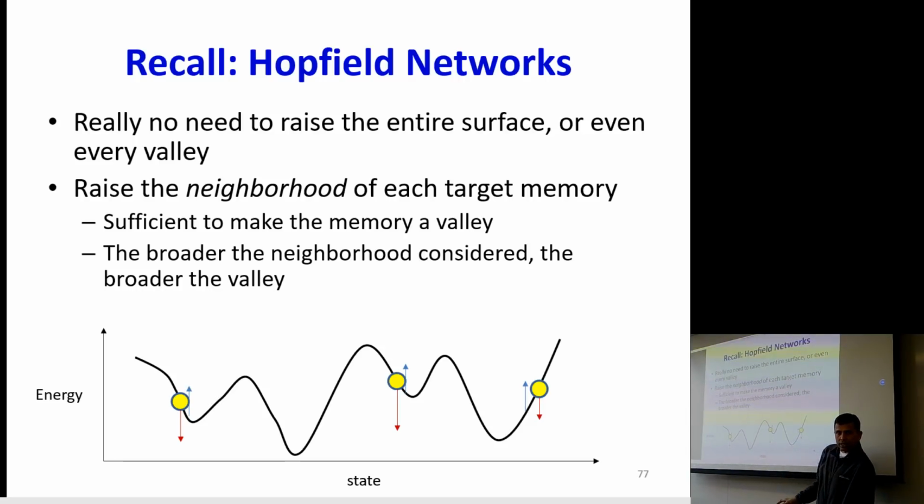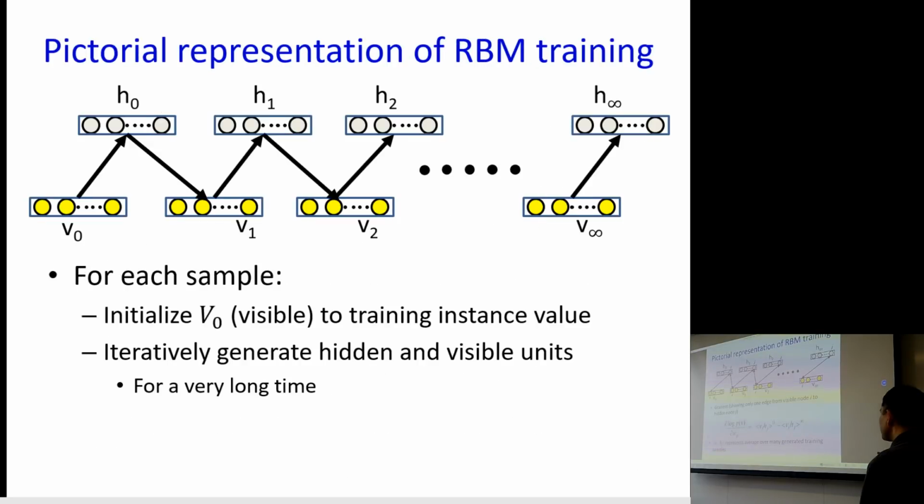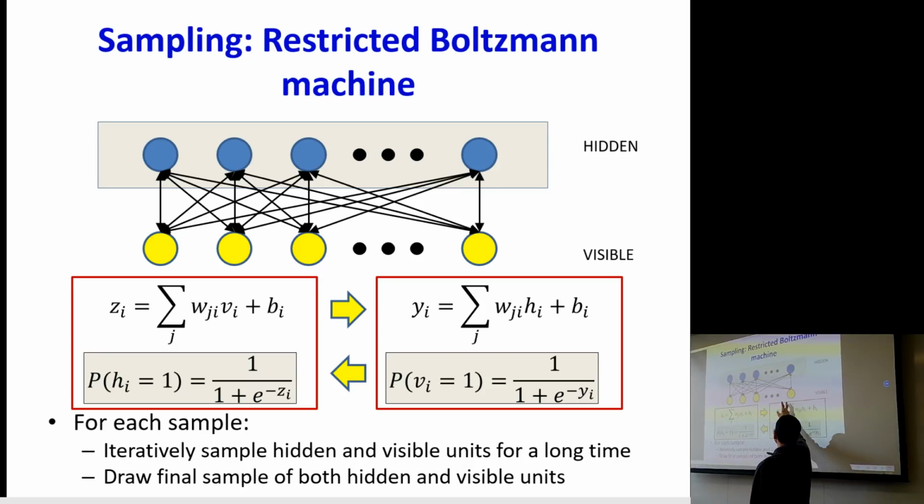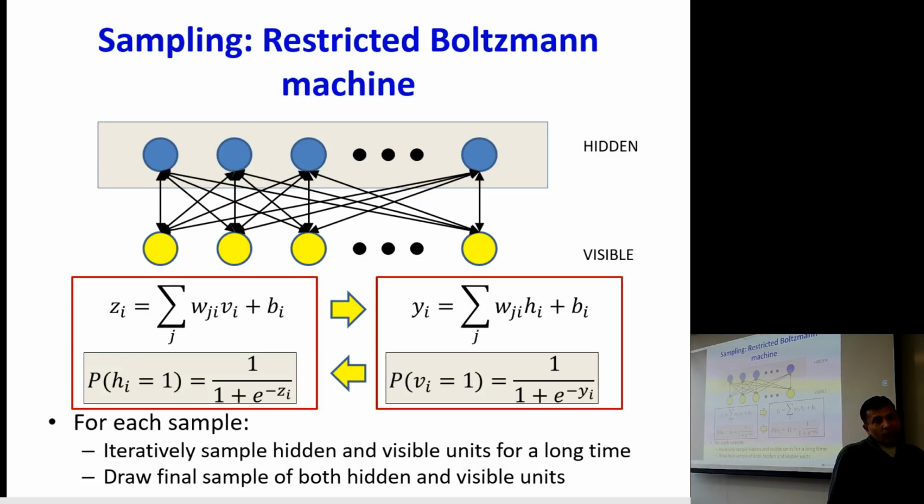One quick question from online: someone doesn't get why the RBM didn't need to evolve. So the RBM is evolving. The point is, for the first component, the gradient had two components. The first one was when you fix the visible units and let only the hidden units evolve.